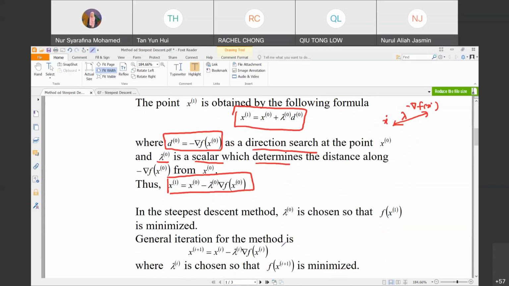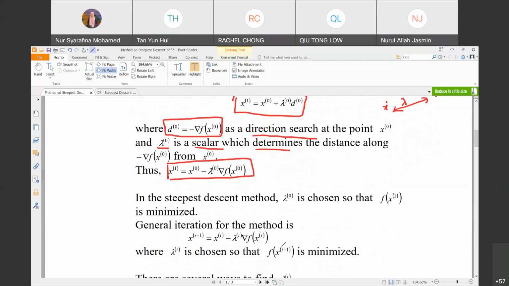In the steepest descent, lambda is chosen so that f(x1) is minimized. So we need to choose lambda in order to minimize the objective function. Our general iteration is x(i+1) equals x(i) minus lambda i del f(x(i)), where lambda i is chosen so that the function is minimized.